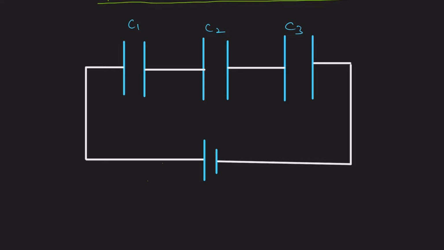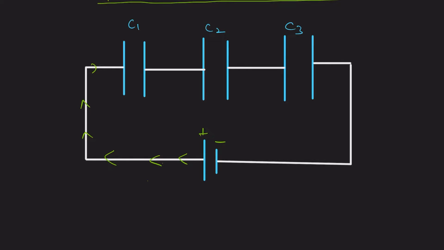Now current is moving from the positive terminal of the battery. Current is nothing but, we know, the moving of charge from one place to another. So here positive charge is moving toward the capacitor C1.